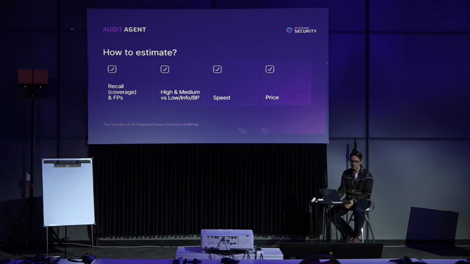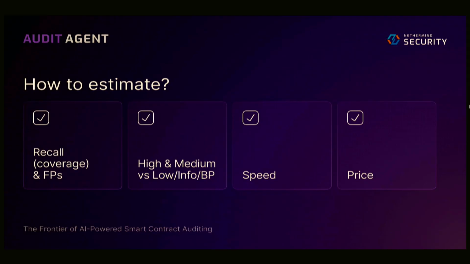To get into some details, what we usually try to estimate when we use such tools is first recall, or coverage: the percentage of findings in the full list from the audit report that are covered by the tool.